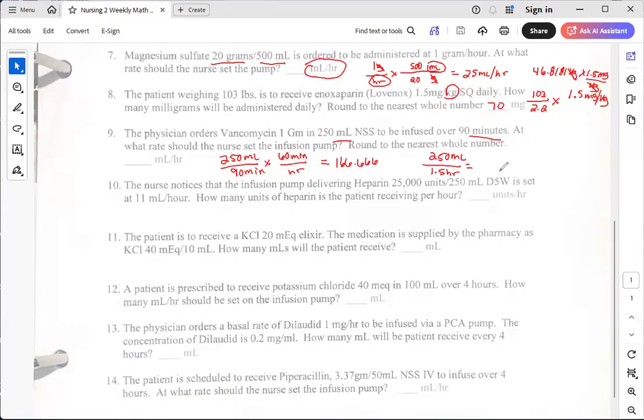If I take 250 divided by 1.5, I'm going to get the same answer, repeating. And so both of those, we're just going to round up to 167 milliliters per hour because it tells us to round to the nearest whole number. If it told us to round to the nearest tenth, then we would round it to the nearest tenth.